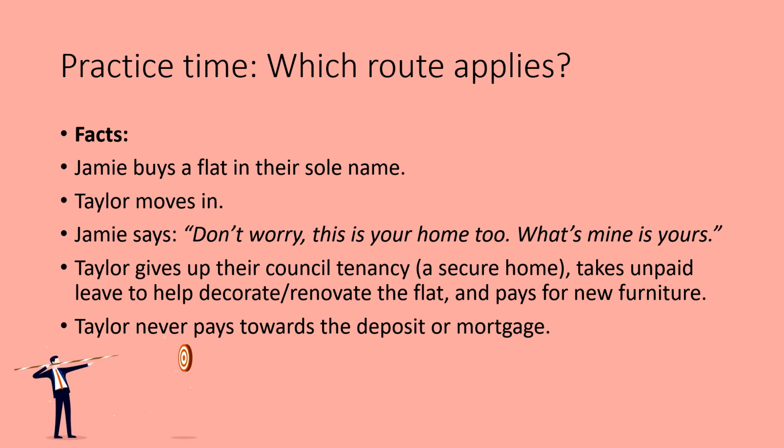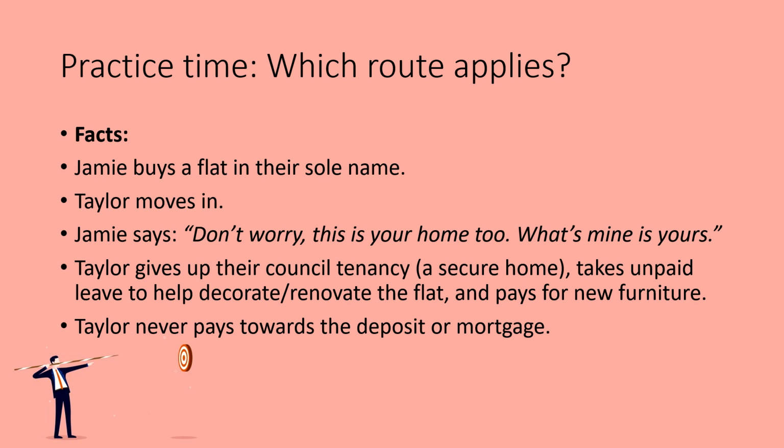The scenario is that Jamie originally buys a flat in their own name, their sole name, only Jamie's name is on the title. But then Taylor moves in a couple of years later, and Jamie says very clearly, don't worry, this is your home too. Mi casa es su casa, for example.